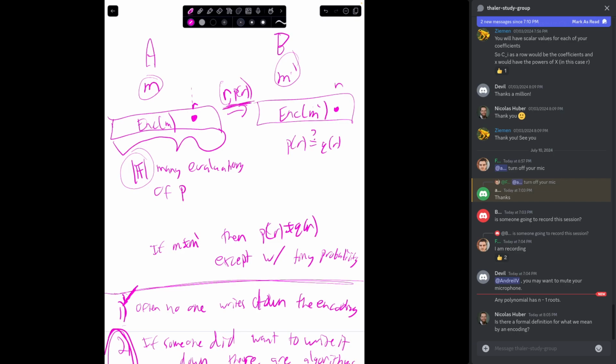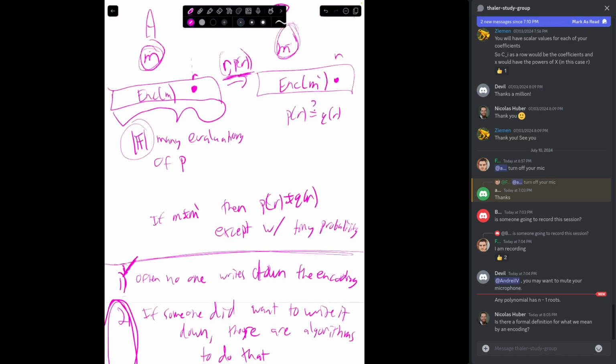And by the distance amplification properties of the encoding, if their messages are not literally the same message, then it's enough to just look at a single randomly chosen entry of the encodings, because if they're not the same message, the encodings differ almost everywhere. That is what distance amplifying properties of the encoding means.